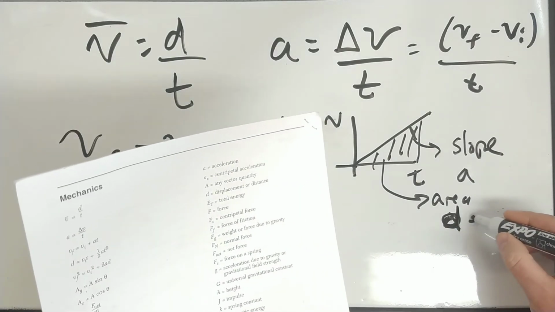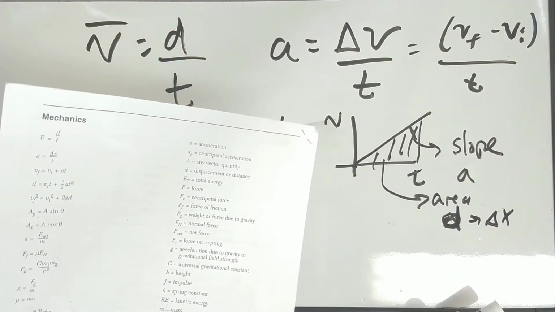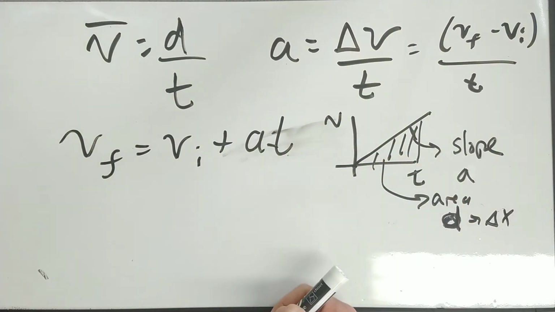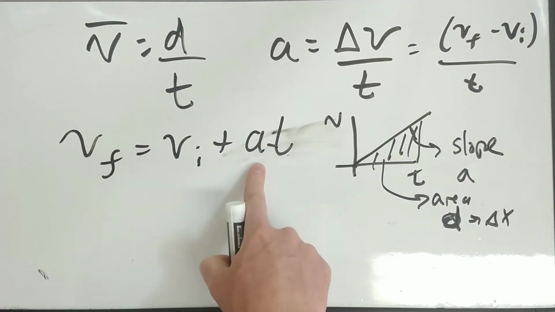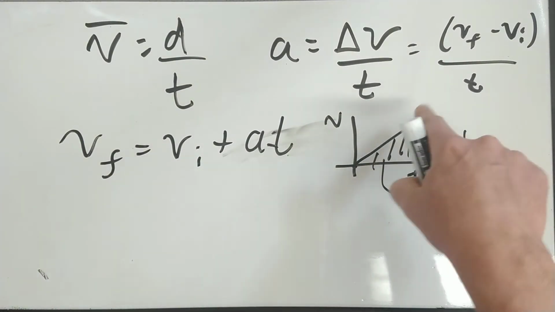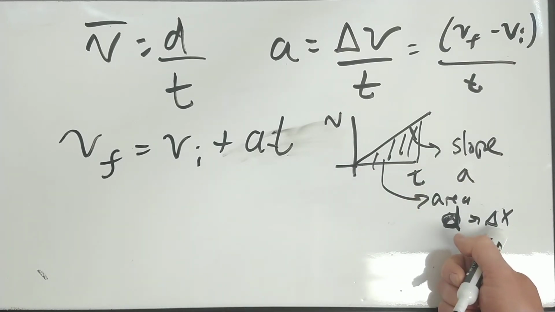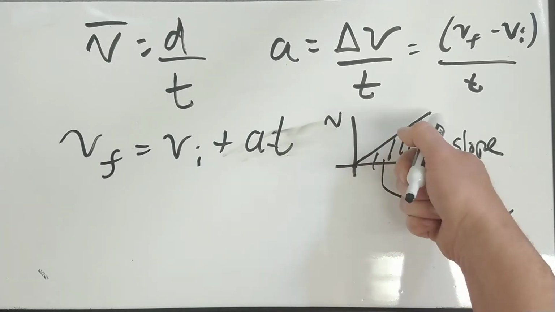We usually would call it delta x. Next year we'll call it delta x, of course, in AP Physics. So really important there. If it's a constant acceleration, it's just a nice linear velocity versus time graph. Area under the curve gives us the displacement, 1/2 base times height.